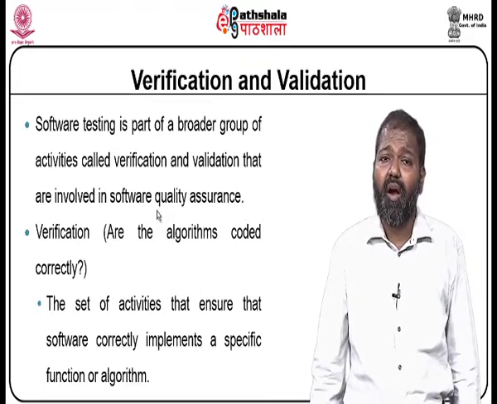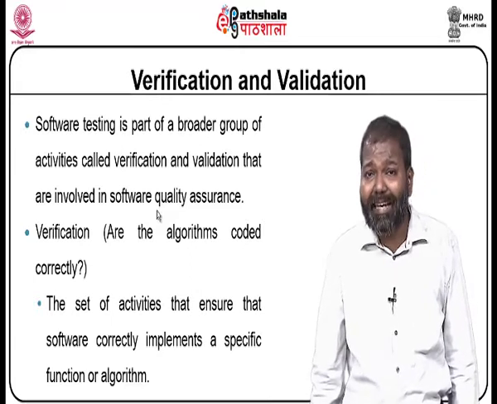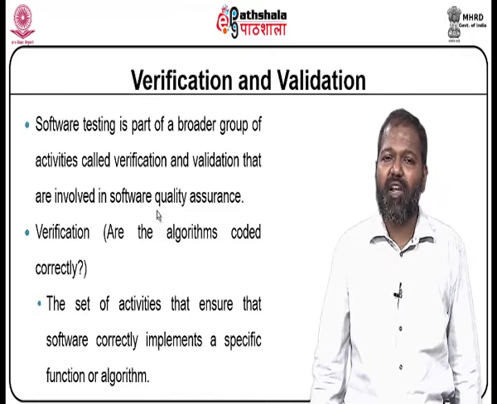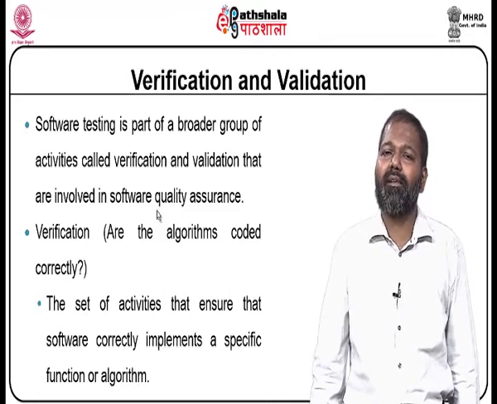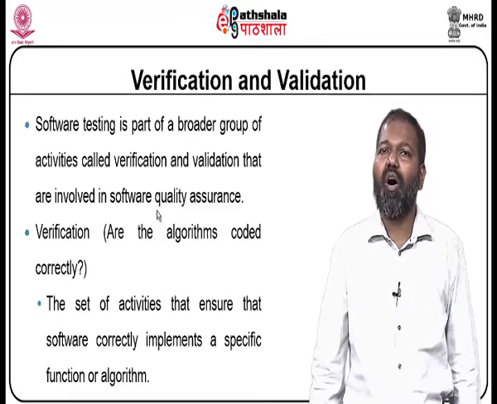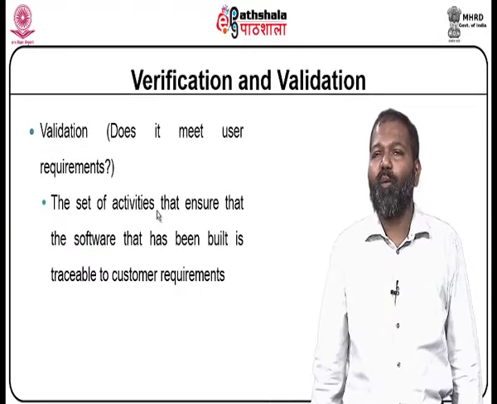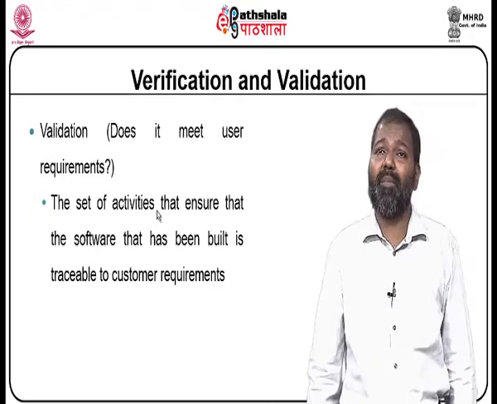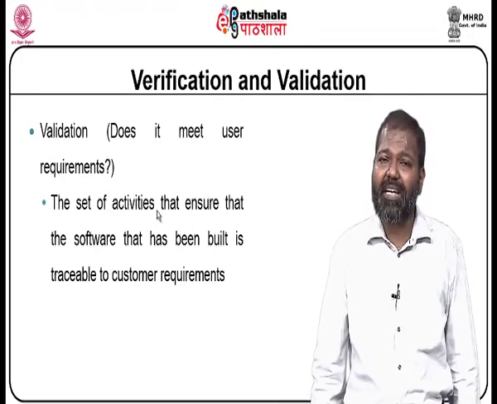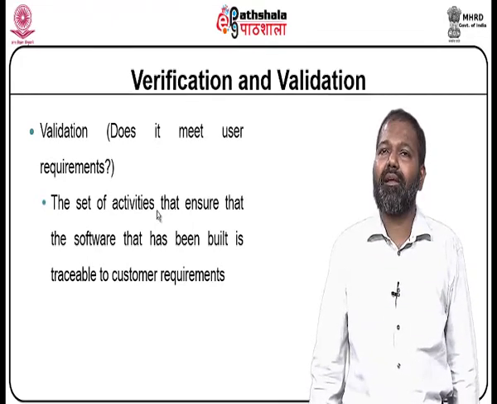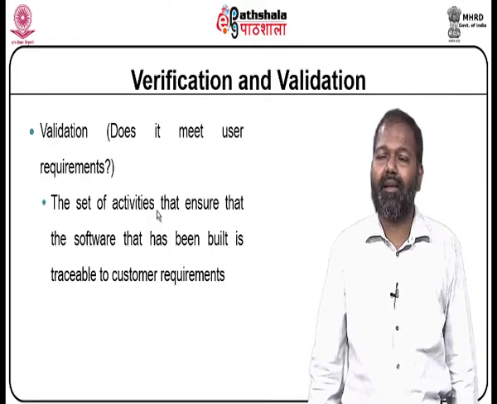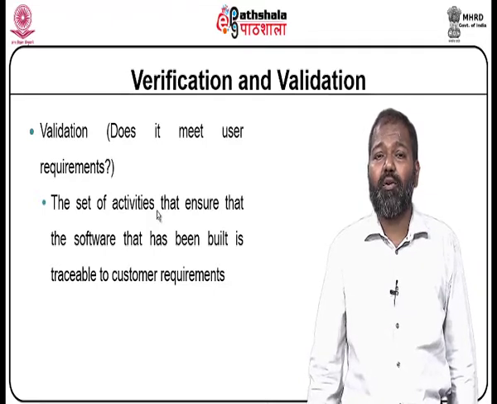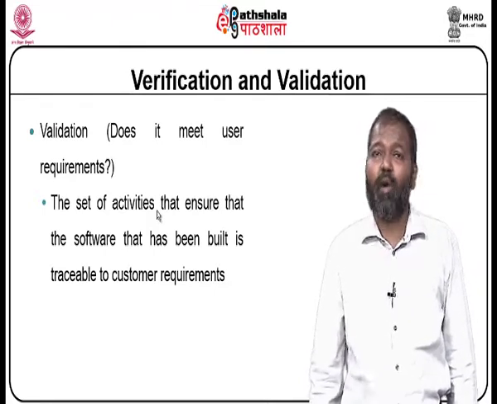Verification: are the algorithms coded correctly? It is the set of activities that ensure that software correctly implements a specific function or an algorithm. Validation: does it meet user requirements? It is the set of activities that ensure that the software that has been built is traceable to customer requirements.